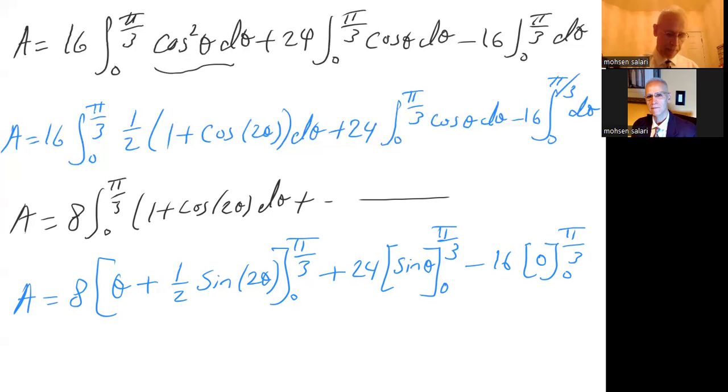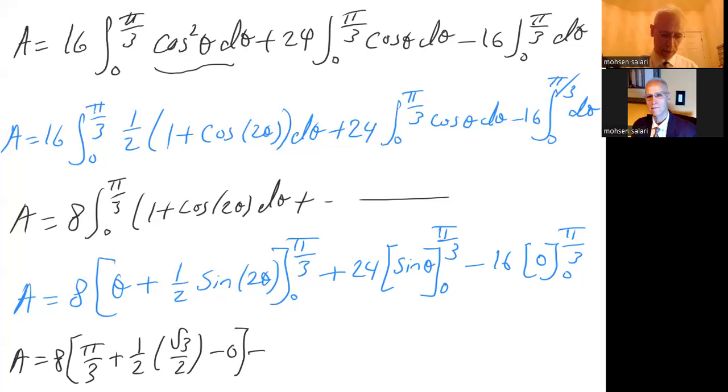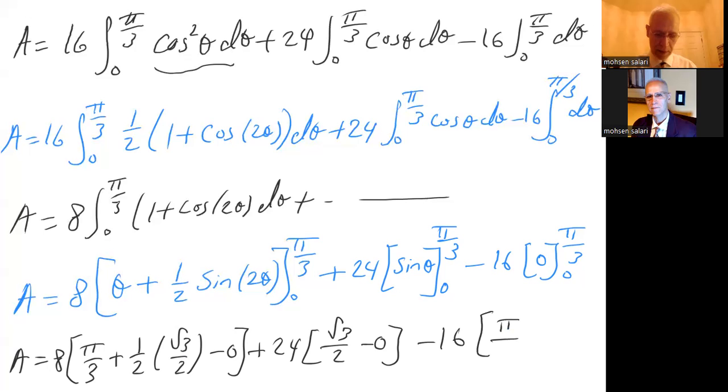So area equals 8 times pi over 3 plus 1/2 sine of 2 pi over 3, so root 3 over 2, all that minus 0, plus 24 times root 3 over 2 minus 0, minus 16 times pi over 3.